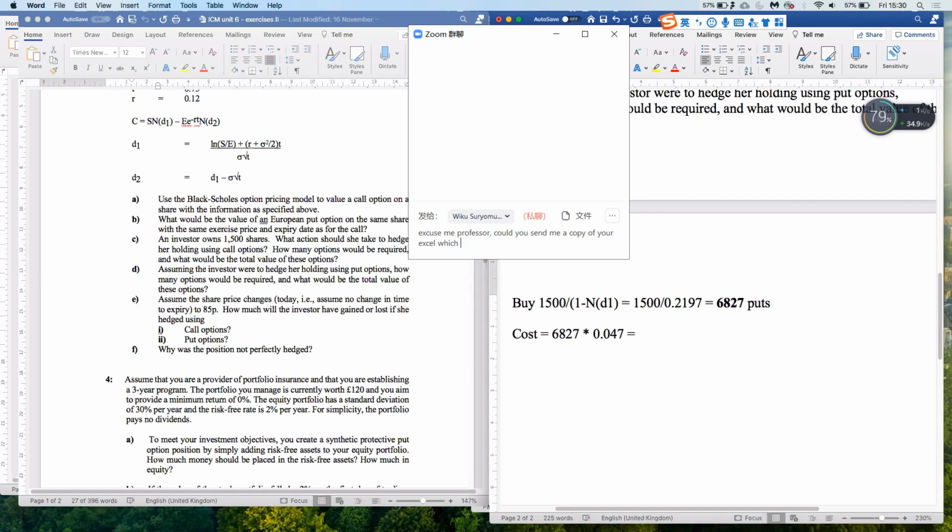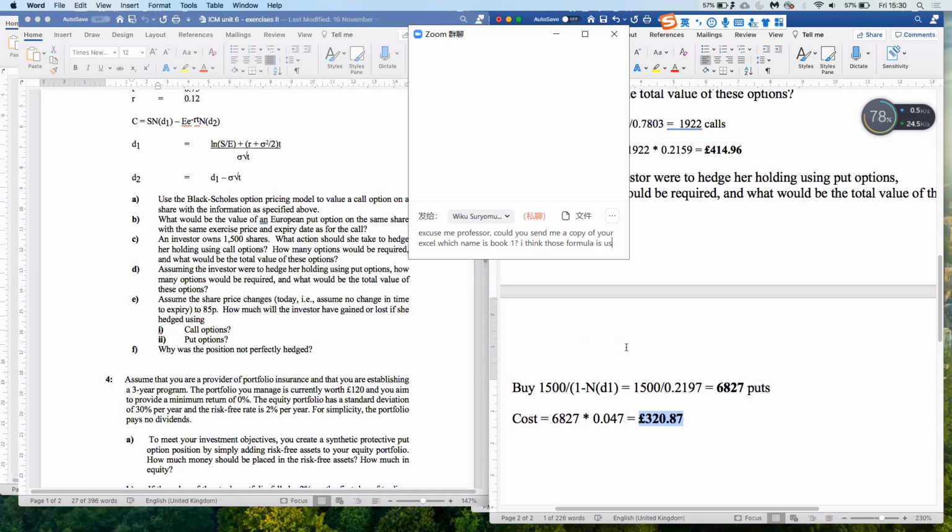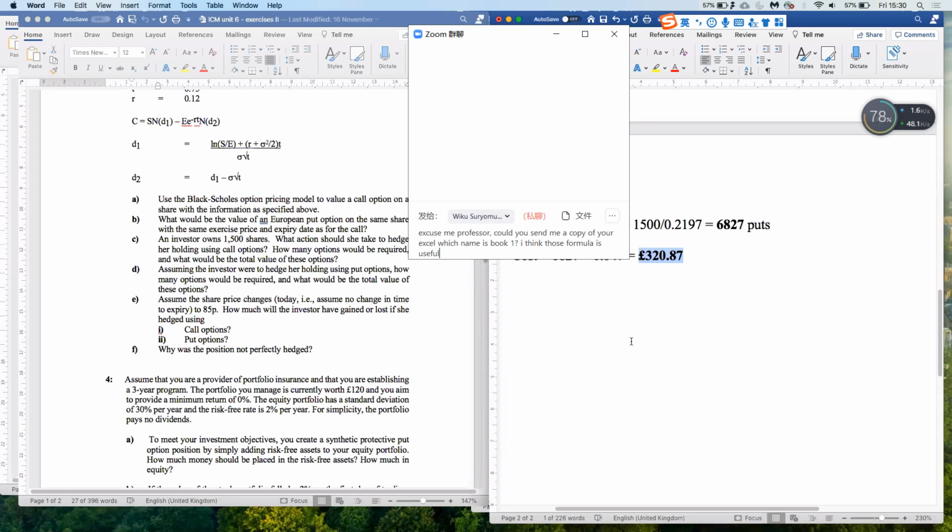So we got in pound sterling 320 pounds point 87. Okay, well, you got it.